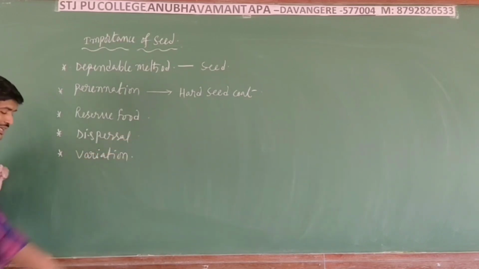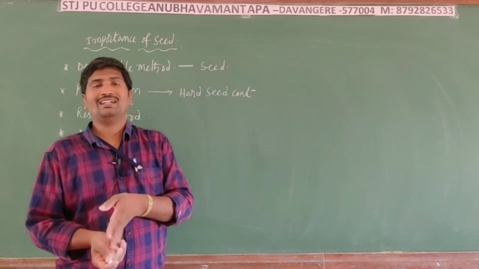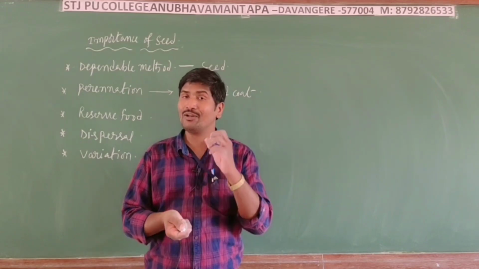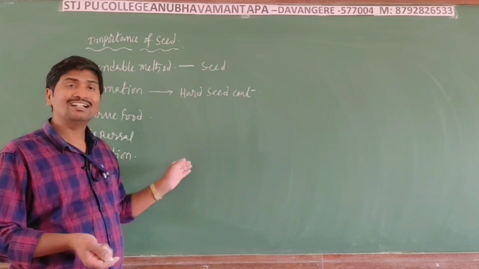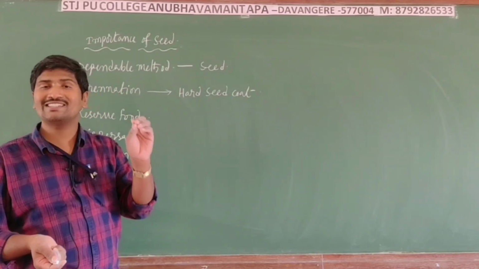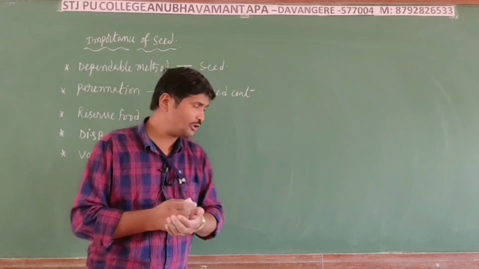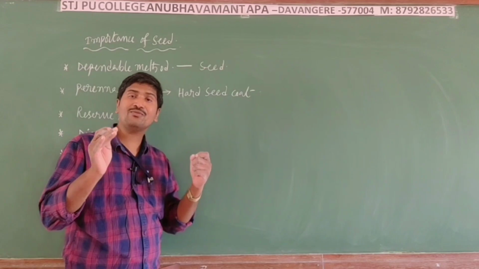See here, variation. The seed is the product of the sexual reproduction. It is very important. In flowering plants, in angiospermic plants, the seed is the final product of the sexual reproduction.